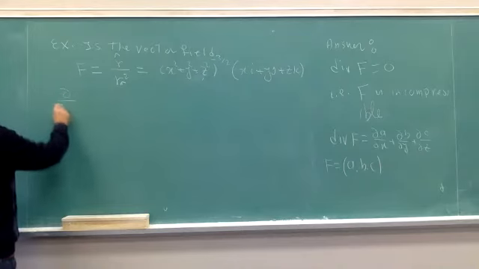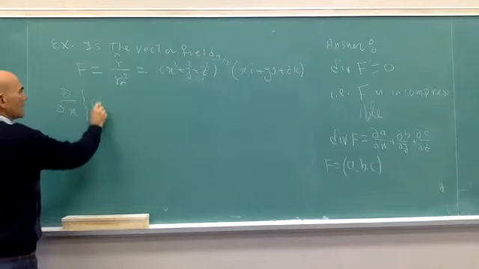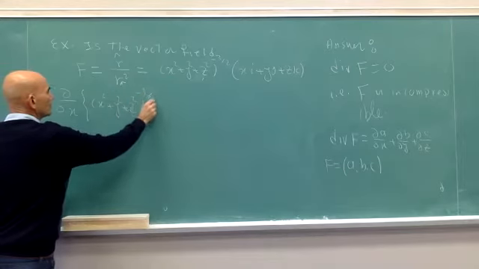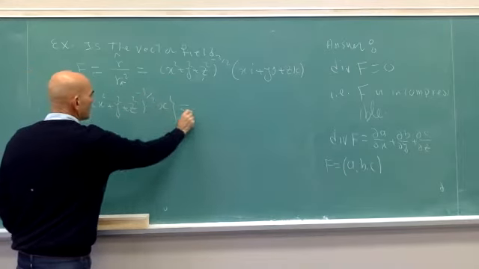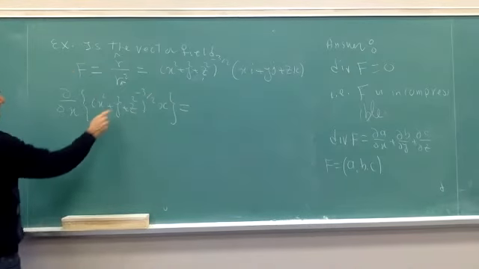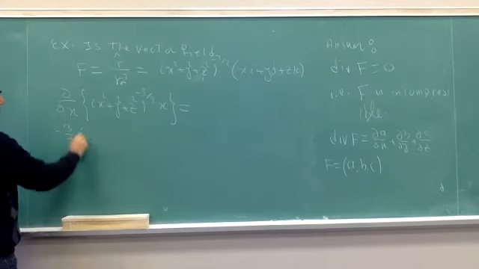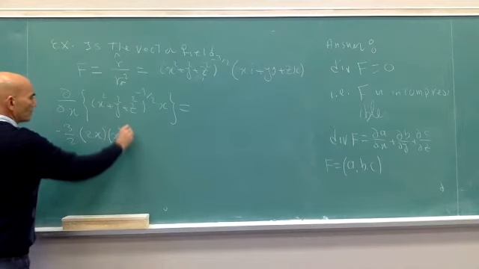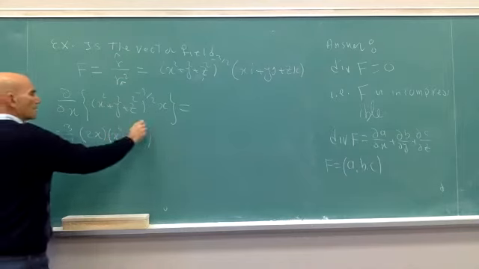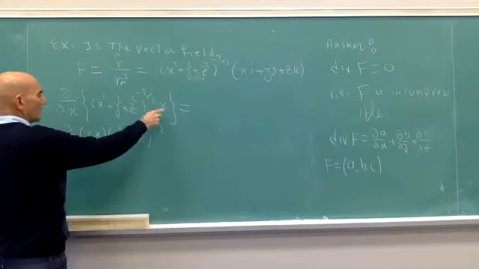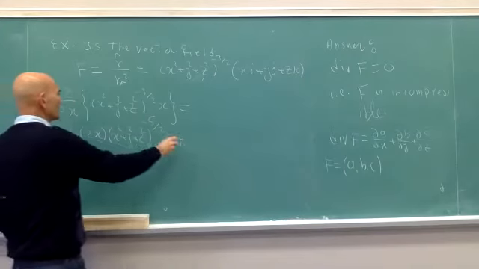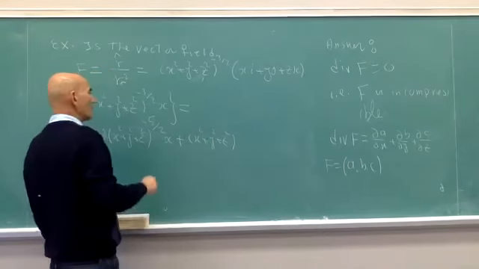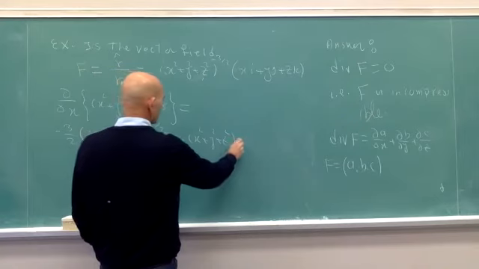So d/dx of (x² + y² + z²)^(-3/2) times x equals -3/2 times 2x times (x² + y² + z²)^(-5/2) times x, plus (x² + y² + z²)^(-3/2).